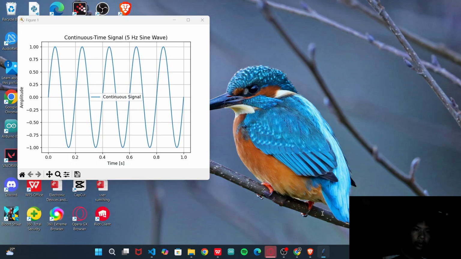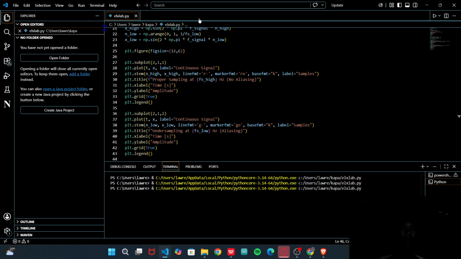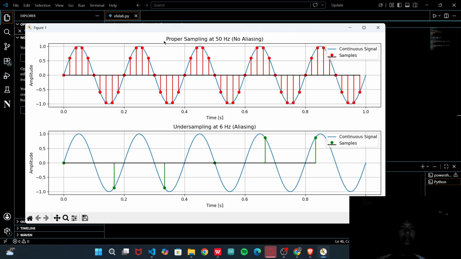So this was the continuous signal, 5 Hz, and this was the proper sampling. As you can see, the proper sampling looks like the original sine wave.